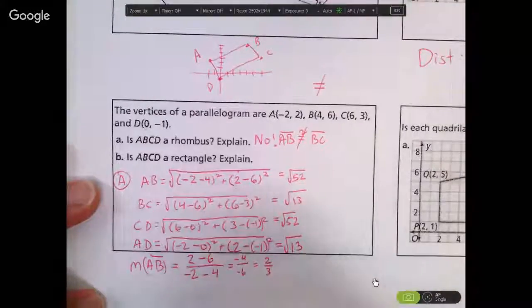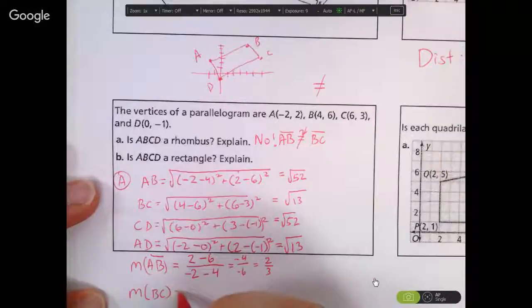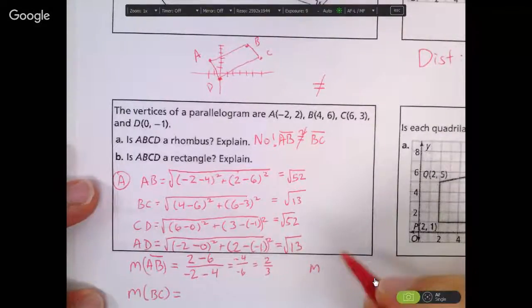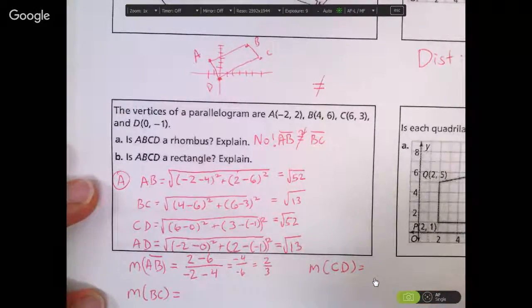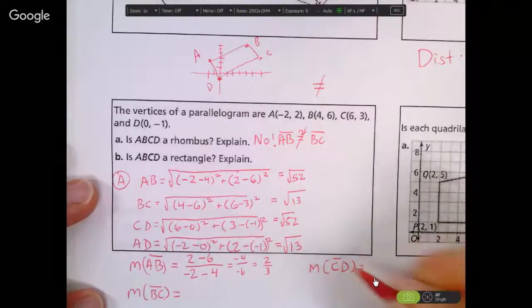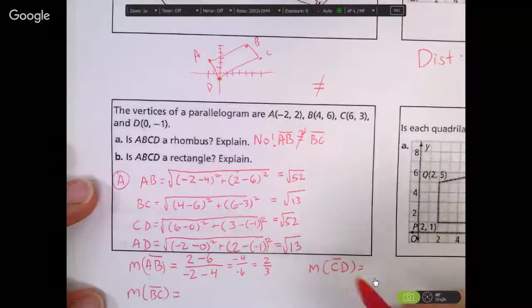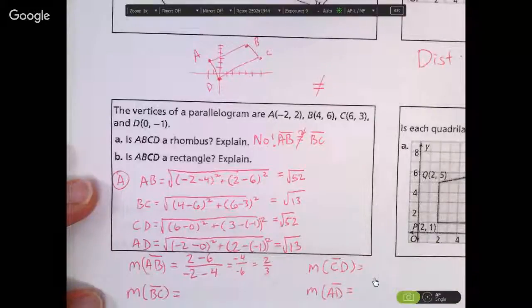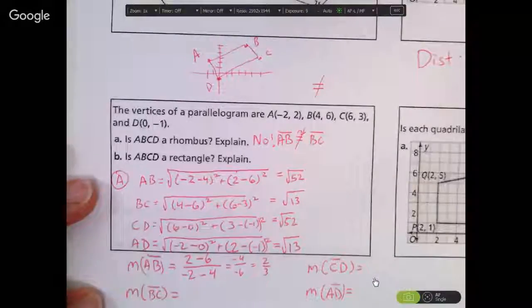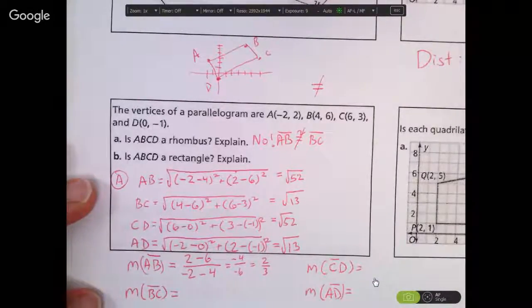So the slope of AB is that. Someone figure out the slope of BC for me. Someone figure out the slope of CD for me. BC is what?